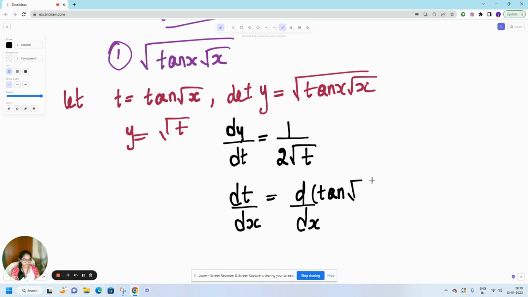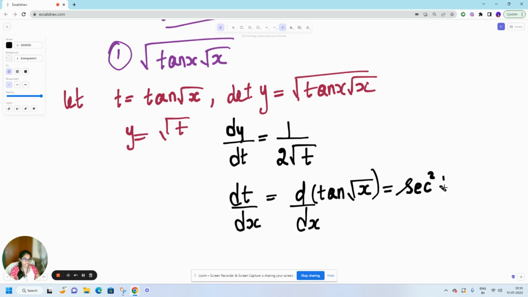Again, here we would have to apply the chain rule, because we know the derivative of tan x, but we don't know the derivative of tan root x. Let me solve directly. What is the differentiation of tan x? That is secant square.